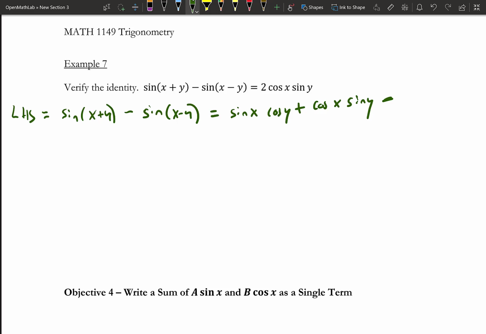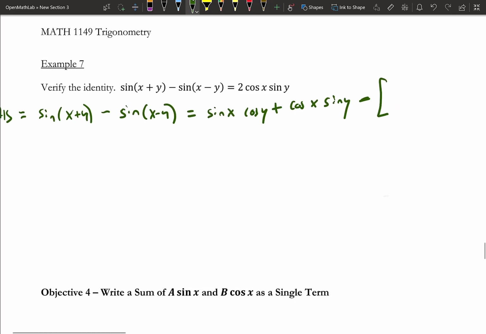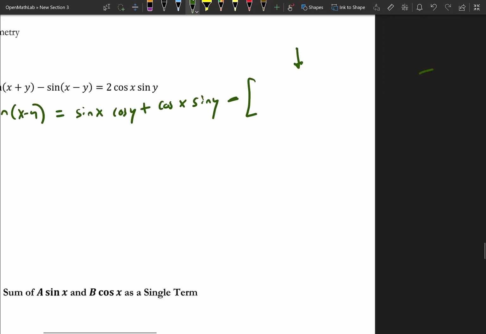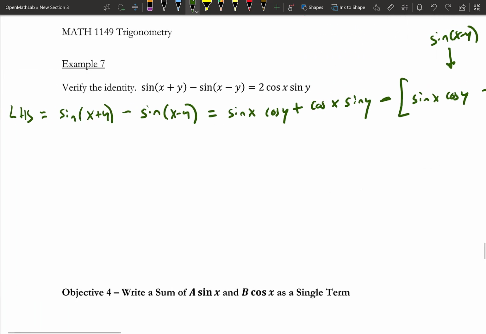Then we have minus, and this is where you want to be careful, respecting the whole thing. What's going to go inside here is sine of (x - y). We're just using x and y instead of v. So this would be sine x cosine y minus cosine x sine y. Now we just need to do some algebra.